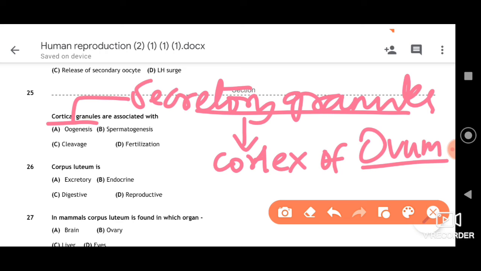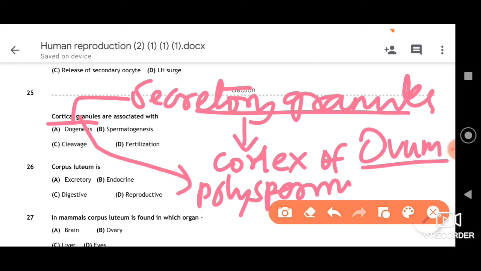They are secretory in nature, and these cortical granules prevent polyspermy after fertilization. Polyspermy is avoided after the event of fertilization, my dear friends.